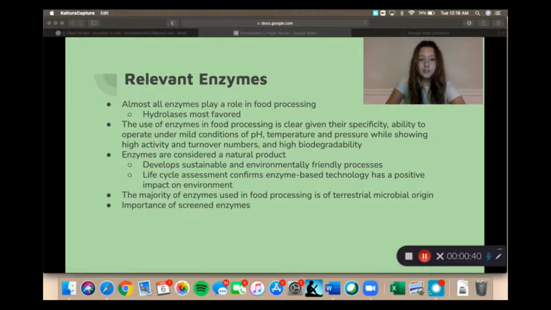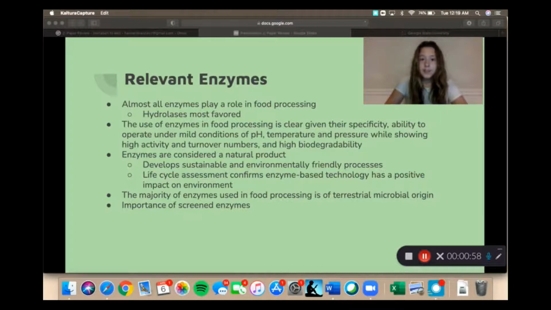The use of enzymes in food processing is pretty understandable given their specificity, ability to operate under mild conditions of pH, temperature, and pressure while showing high activity and turnover numbers, as well as high biodegradability.